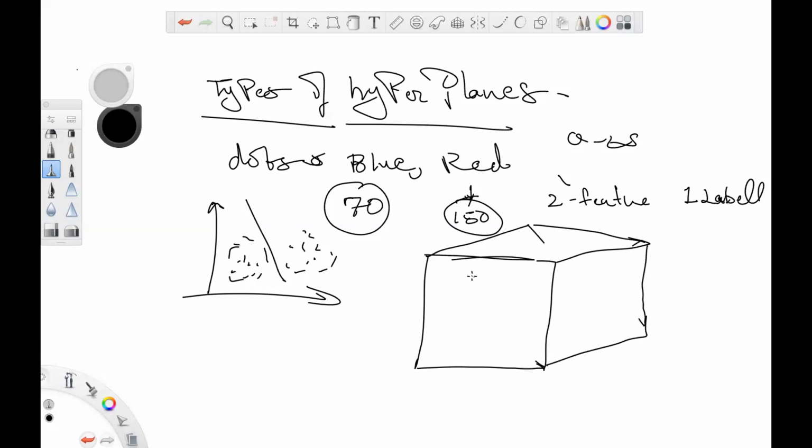All right, and the features will be like this. So if I draw it using green dots, and the red ones are here.